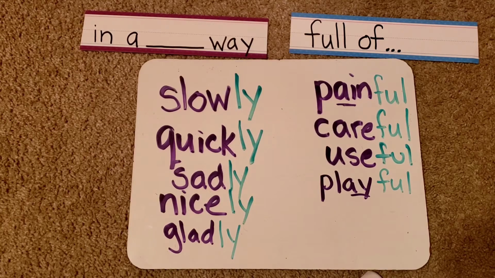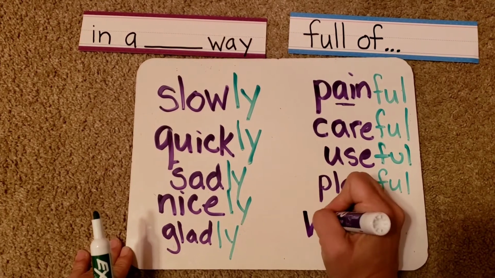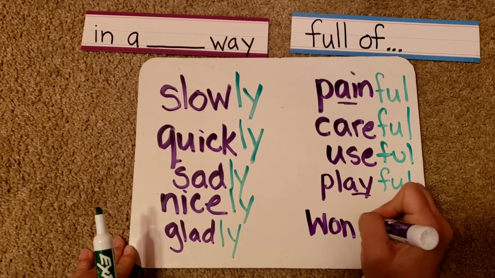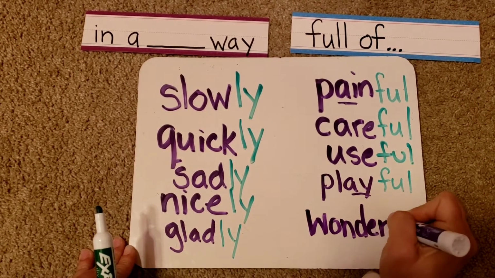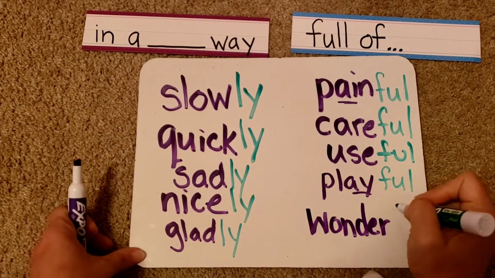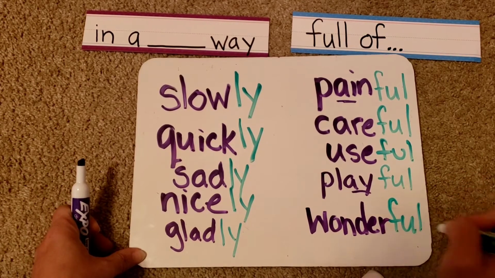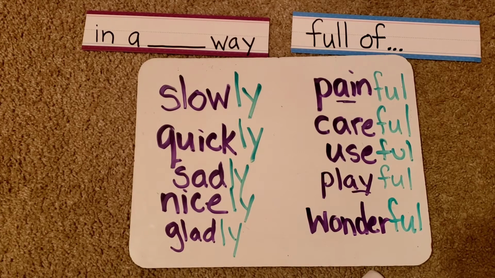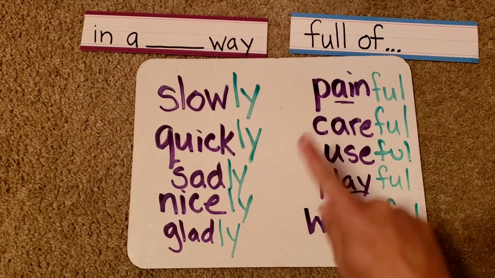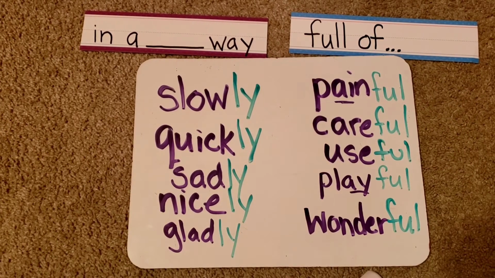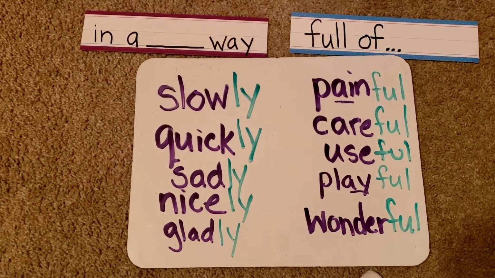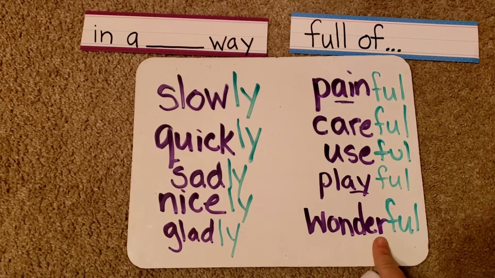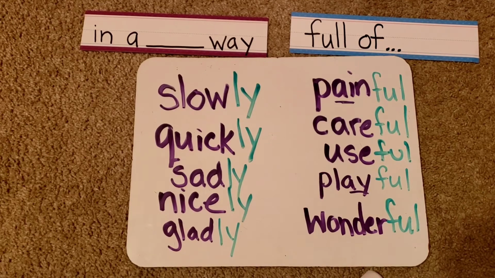And this time, if somebody is full of wonder, we can write the base word wonder. Wonder. And then we're going to add FUL. Wonderful. That's one you've heard before, huh? Right? So all of these are words you've heard before. And some of them we've had before. For spelling, you take the base, and all we're doing is adding endings this week. Okay?